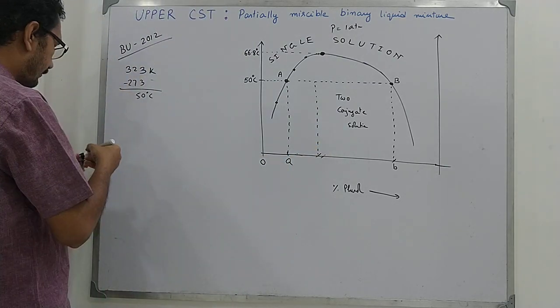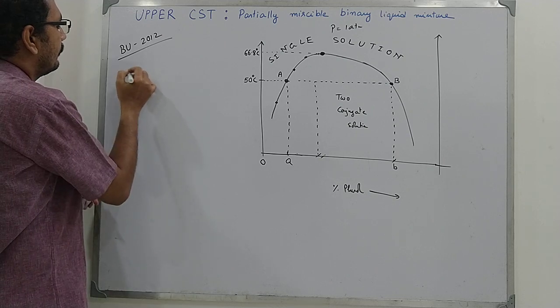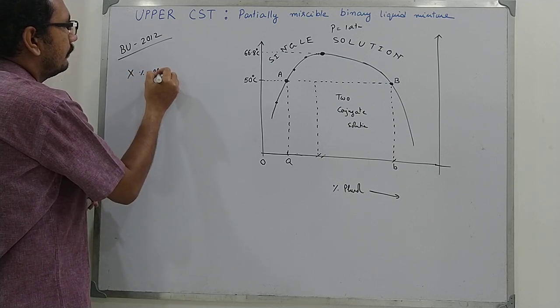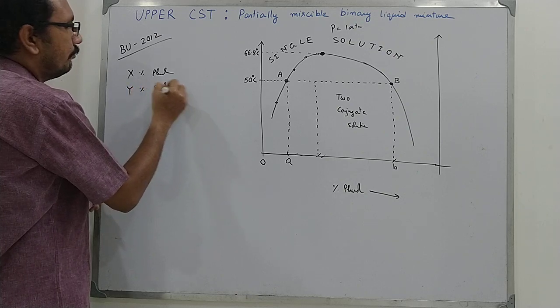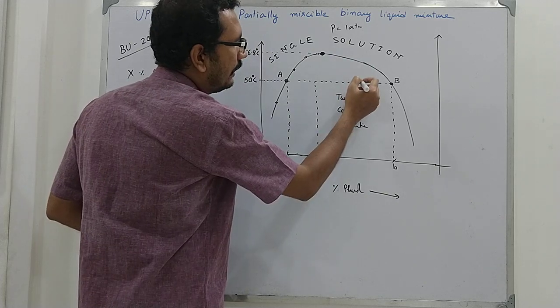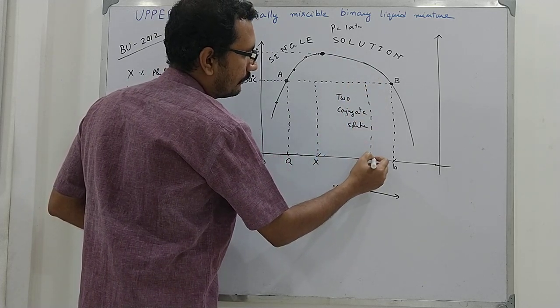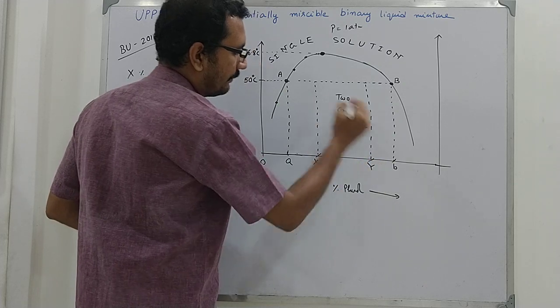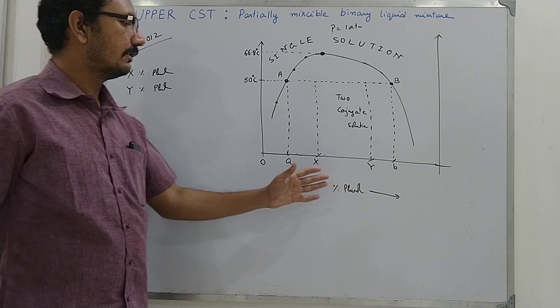Now they have given two solutions. One is X% phenol and another is Y% phenol. Two different solutions are given to you. This diagram was given in the question.